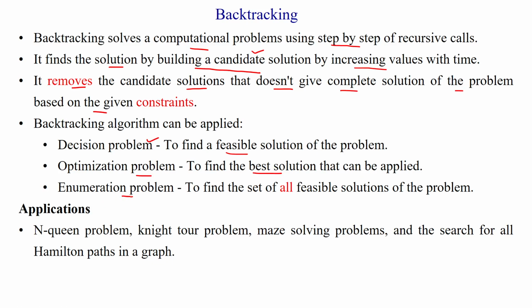And the third one is the enumeration problem, which is used to find the list of all feasible solutions for the given problem statement. Here we have different applications using the backtracking method. One is the n-queen problem, second is the knight's tour problem, third is the maze solving problem, and fourth is Hamiltonian circuit finding in the given graph.